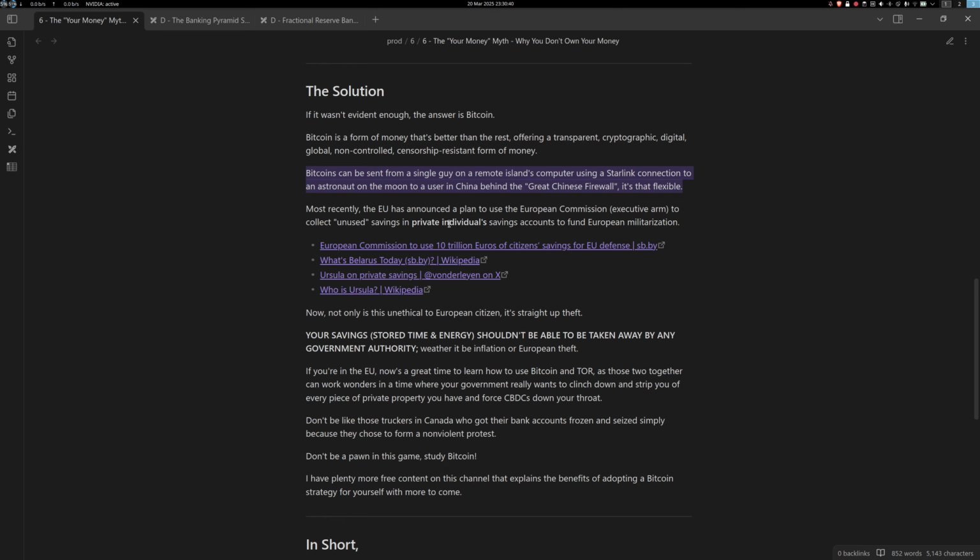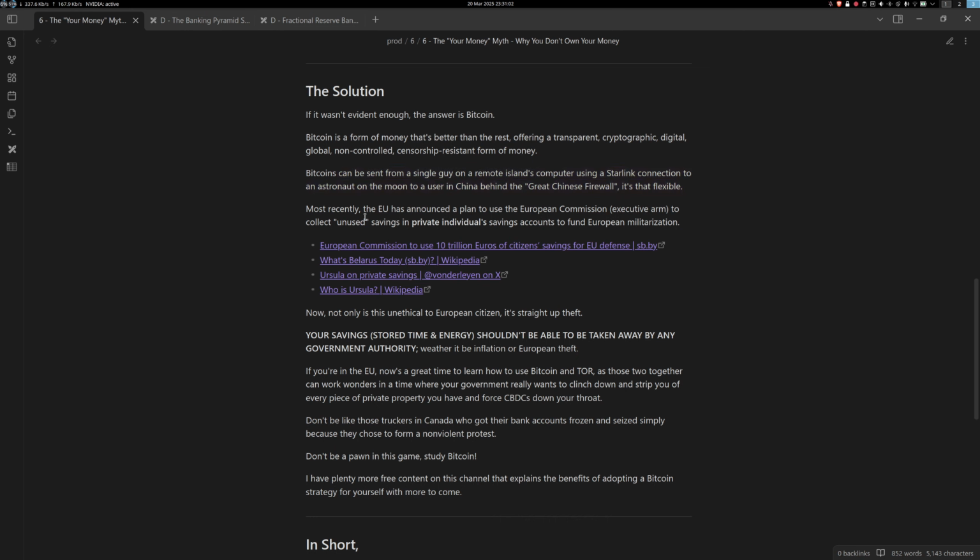It connects to satellites in space to connect you to the internet. You can set it up anywhere as long as you have power. So this guy on a remote island can use Starlink to send Bitcoin to an astronaut on the moon, to a user in China behind the quote-unquote Great Chinese Firewall. It's that flexible.